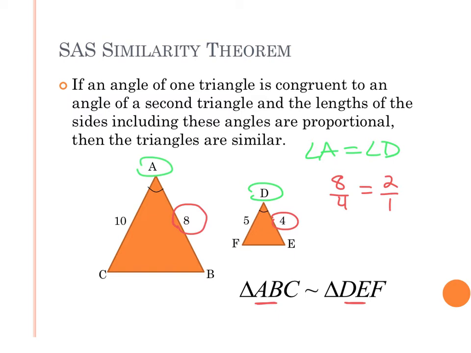And then I can do the AC, beginning to end here, 10 to 5, and it also simplifies to 2 to 1. So because my two sides are proportional, and it is the included angle between the two proportional sides, I can say that these two triangles are similar using the side angle side similarity theorem.